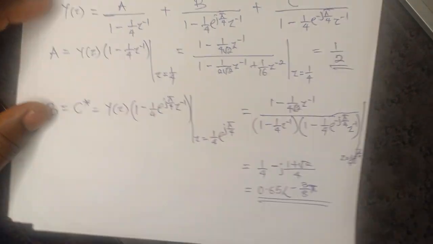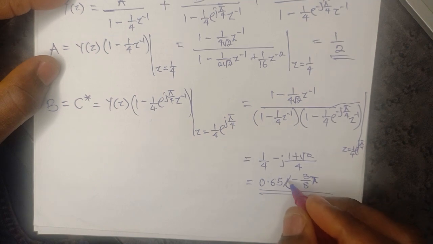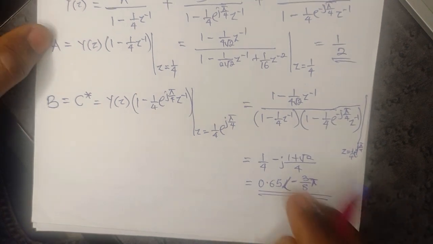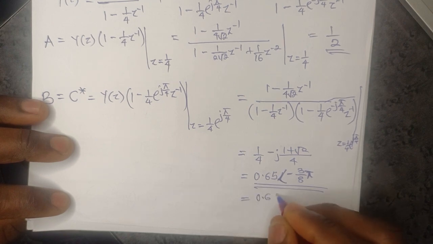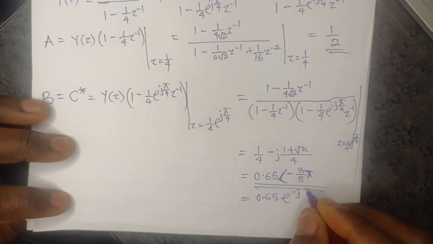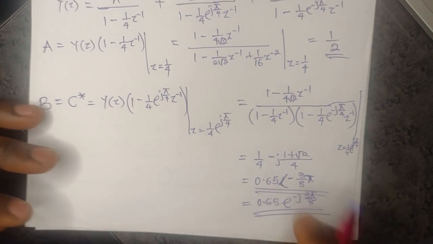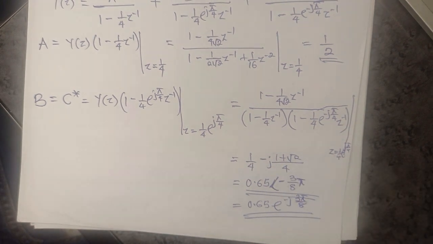So we have gotten our B and our C conjugates. If we write it like this, it is 0.65 e raised to power minus j 3 pi all over 8. Whether we write it like this or like that, it is still the same thing.